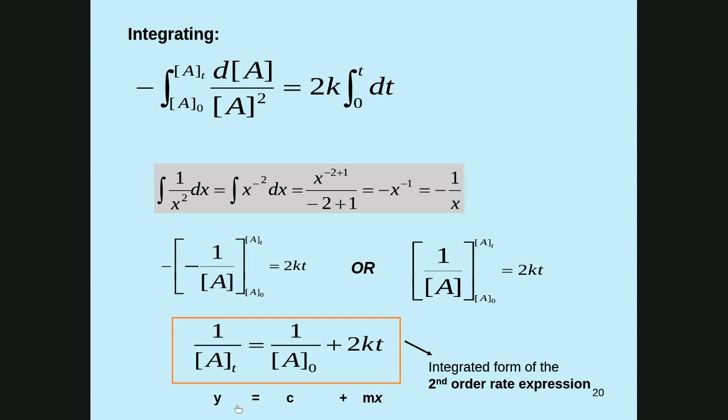So you have something of the form y equals constant plus another constant times x, which again is the description of a straight line, an intercept c at time 0, and a gradient 2 times k, twice the rate constant, right? And the running variable is the reciprocal of the concentration of A.